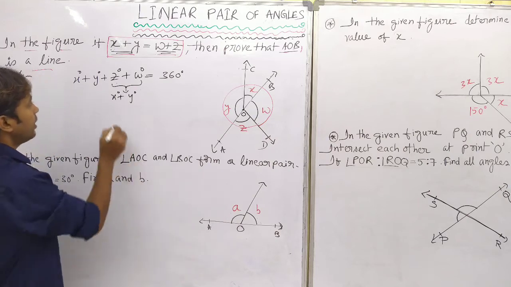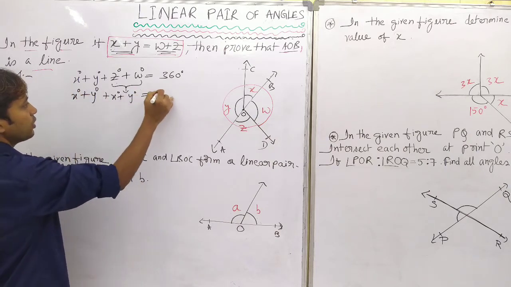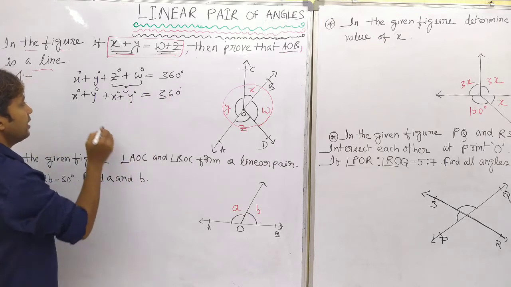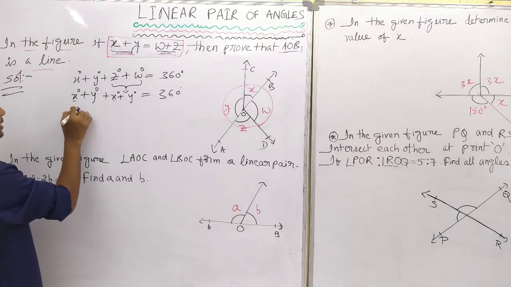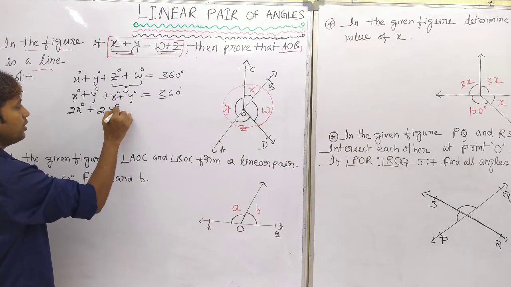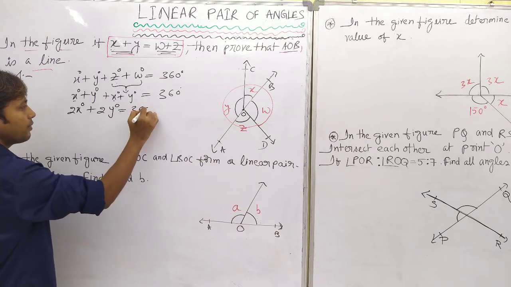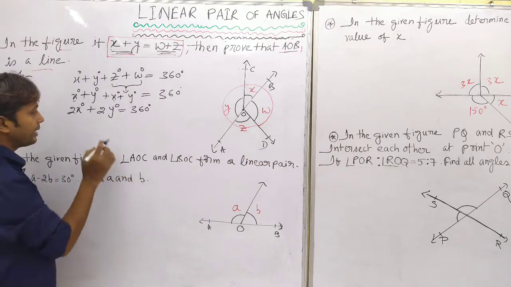Right. Now, already we have x plus y degrees equal to how much? 360 degrees. x is repeated twice, and on adding them that would be 2x degrees, and y is also repeated twice, and on adding those two, you get 2y degrees, which would be equal to how much? 360 degrees. So we can take 2 common.